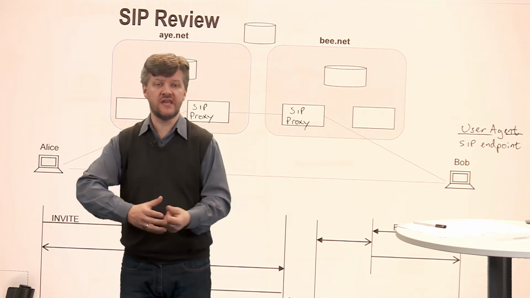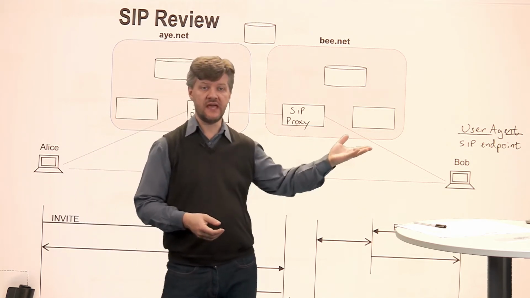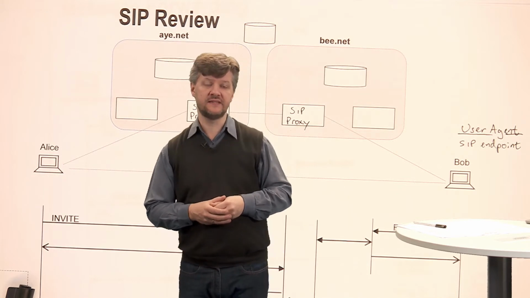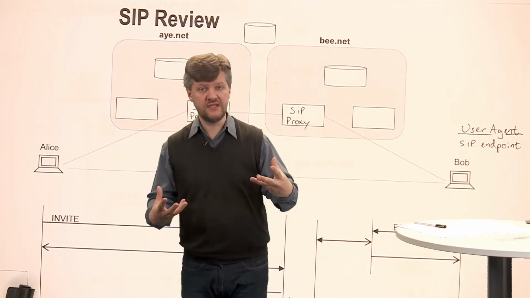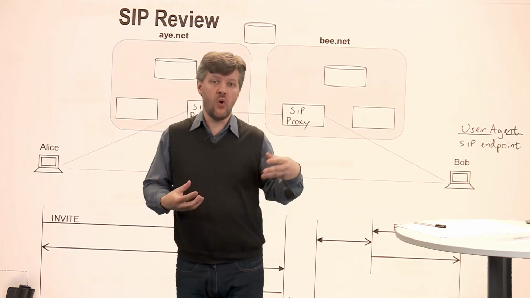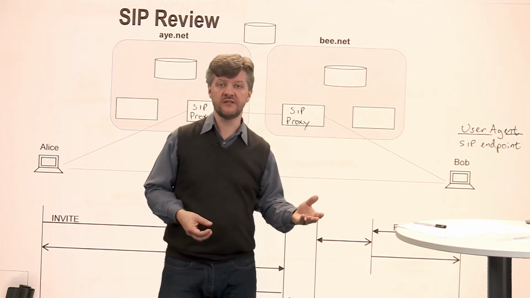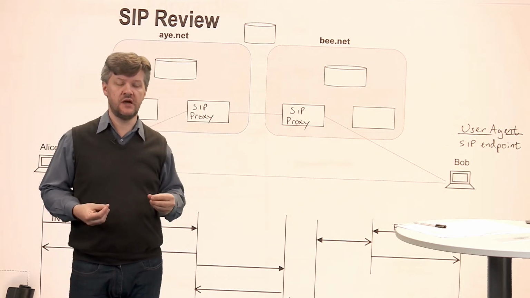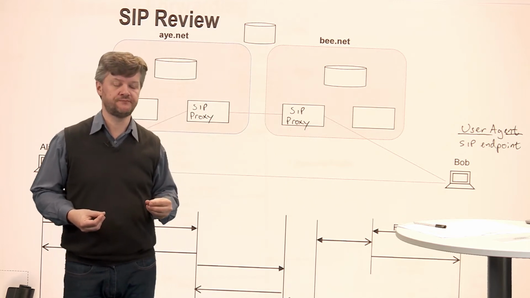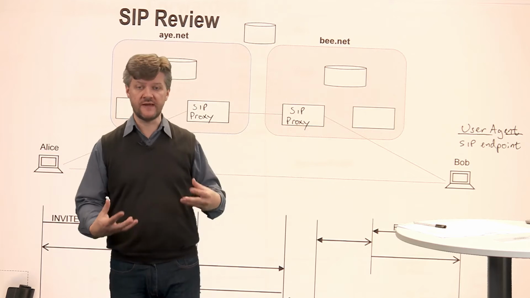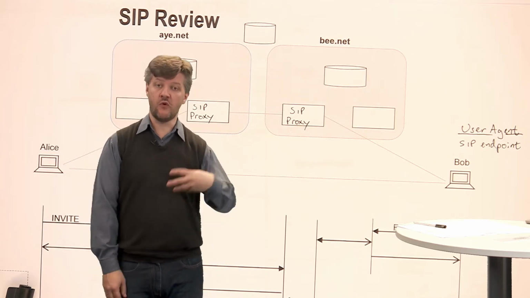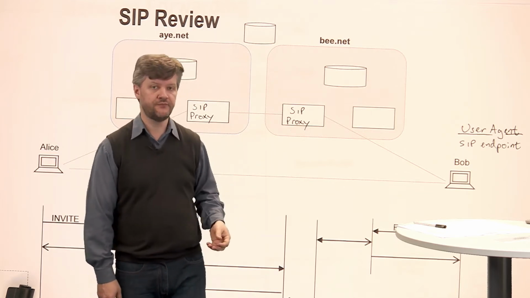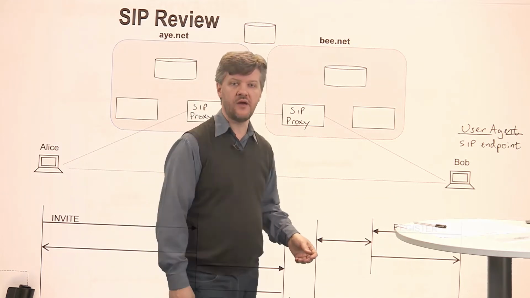So in a way, you can say a user agent is a SIP endpoint, and it's an entity that creates a request or a response, whereas a proxy is an entity that forwards a request or a response. So whenever you create a request or a response, you're a user agent. Whenever you forward it, you're a proxy. Okay, so enough of that.